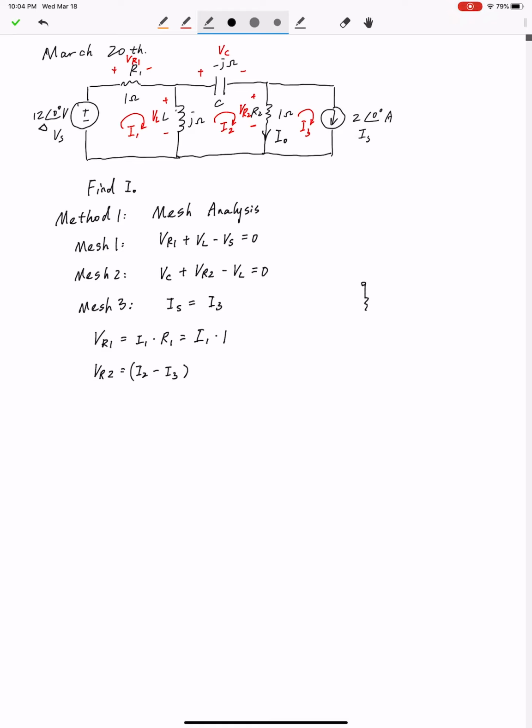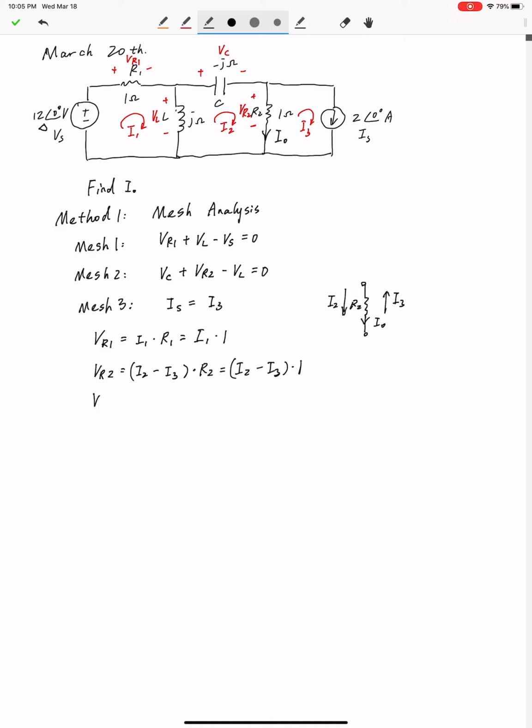Because if I extract R2 out of the circuit, the left-hand side is I2, the right-hand side is I3, and the overall current on R2 is I0, which flows down, the same direction as I2. So I2 minus I3 equals I0. Therefore, VR2 equals I2 minus I3 times R2, which is I2 minus I3 times 1.